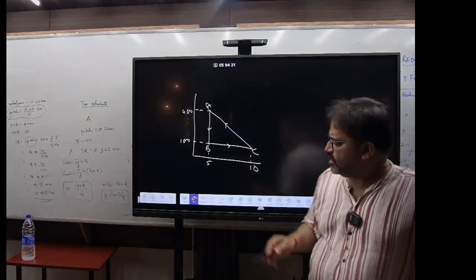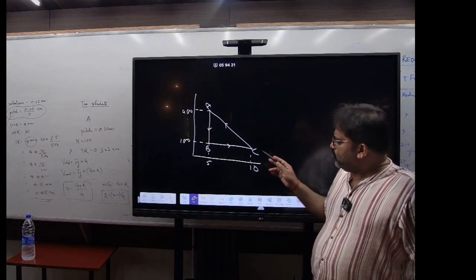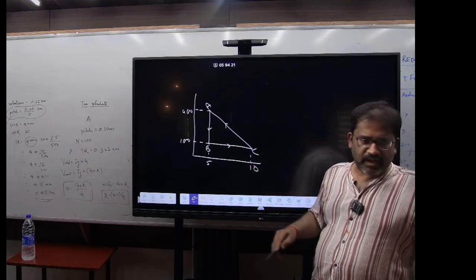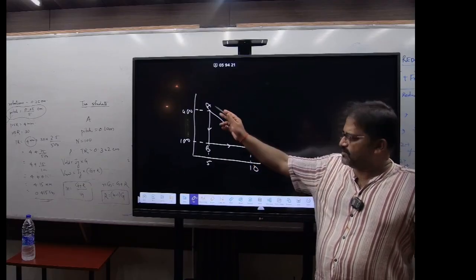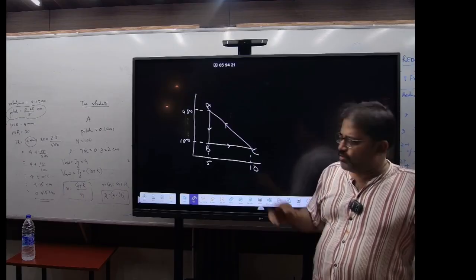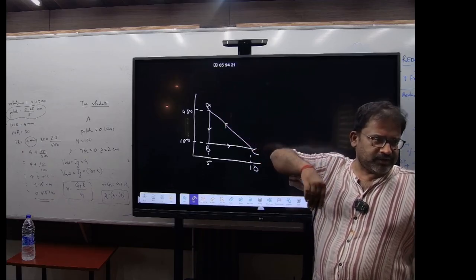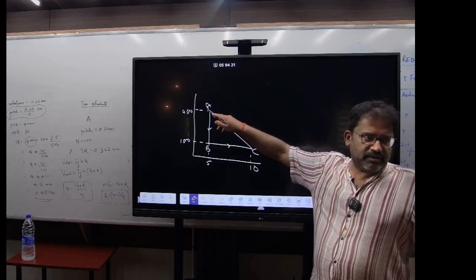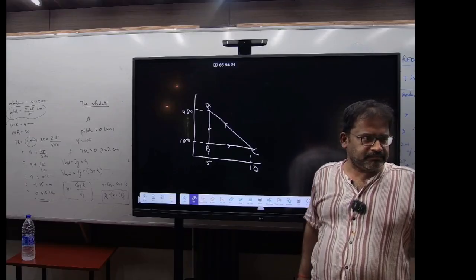Now see, the work done in the process is such that the volume decreases and the pressure increases. As the process is cyclic, the work done in taking the gas from here to here is the same as when we take the gas from here to here and here to here.